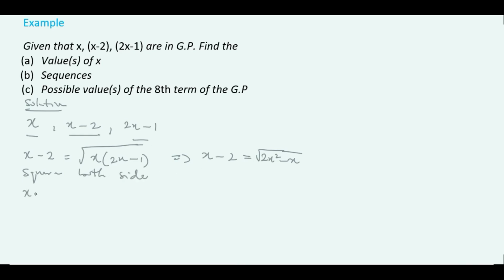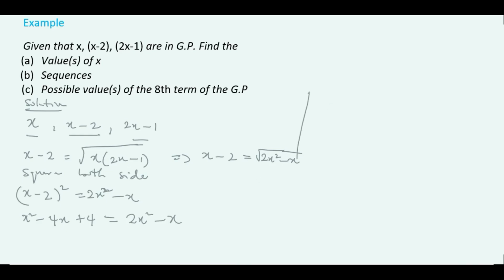So we now have (x minus 2) squared equals 2x squared minus x. We open up this bracket, it becomes x squared minus 4x plus 4, equals 2x squared minus x.